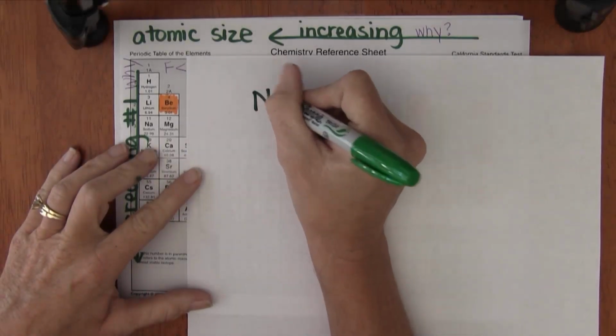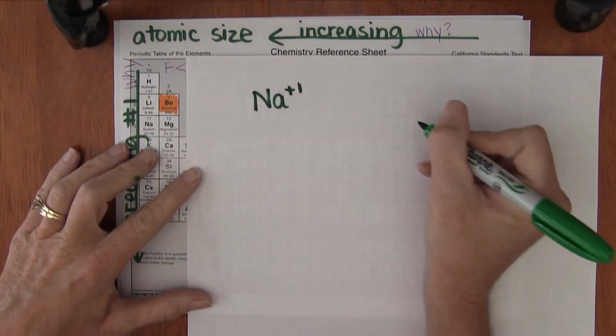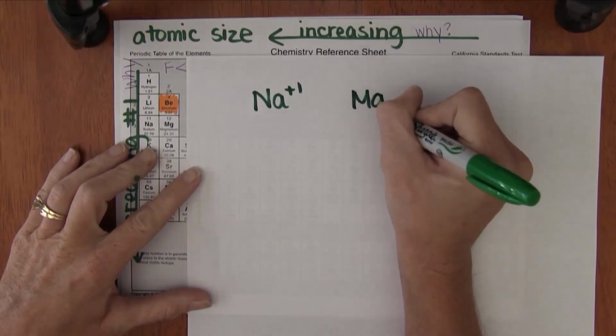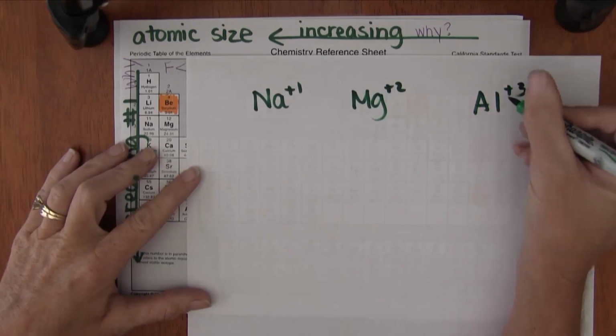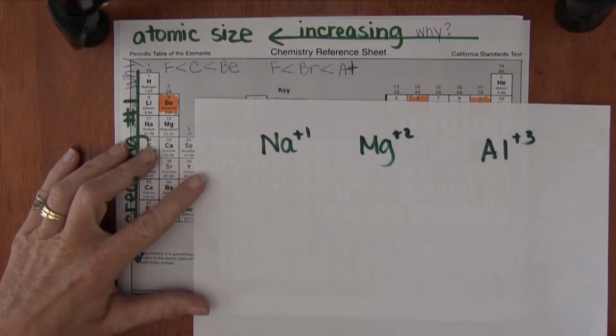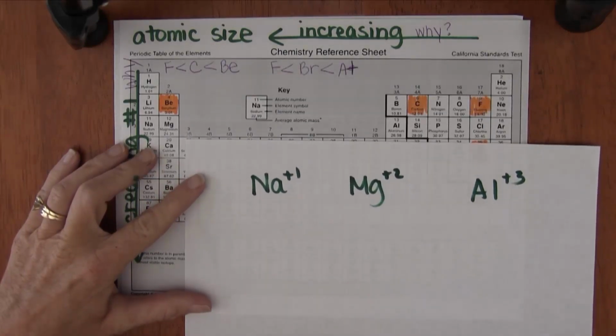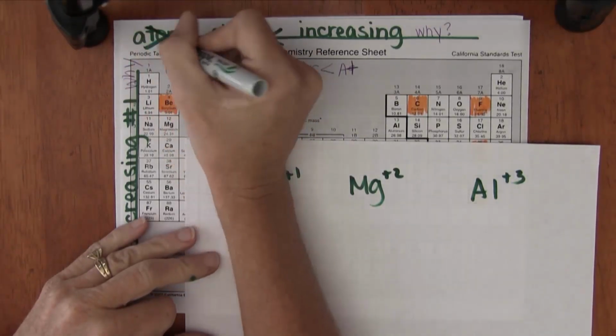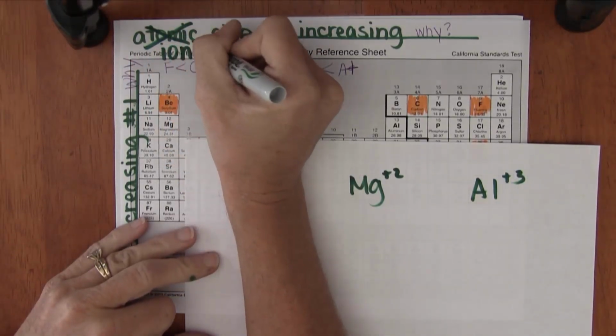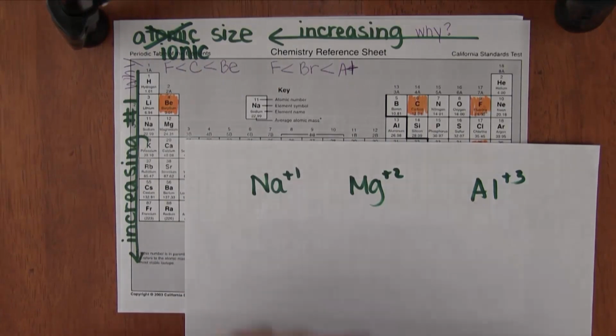So if I have sodium plus 1, magnesium plus 2, and aluminum plus 3. So let me find those three. There they are. 1, 2, 3. So generally, I guess I could change this to ionic size since we have a new topic.